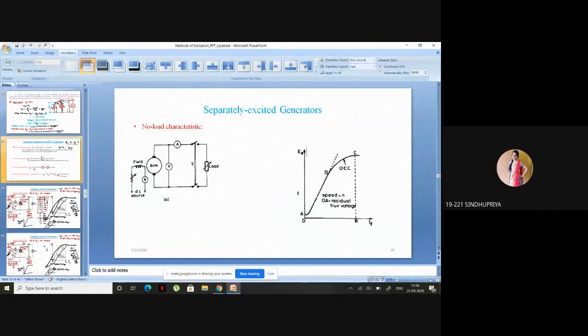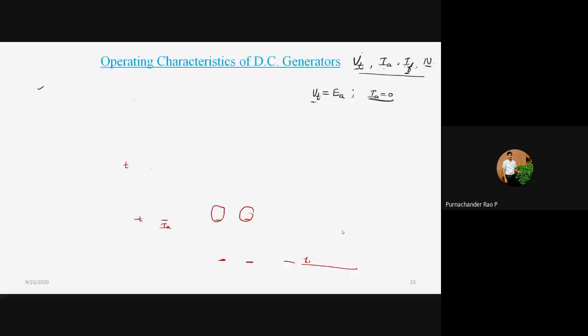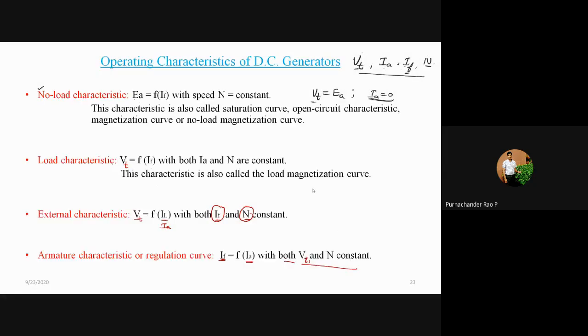Okay. So in the last class, we have gone through the different characteristics of DC generators. What are the characteristics? First one is the no load characteristics. This is a characteristic drawn between the generated voltage and the field current with the speed constant.